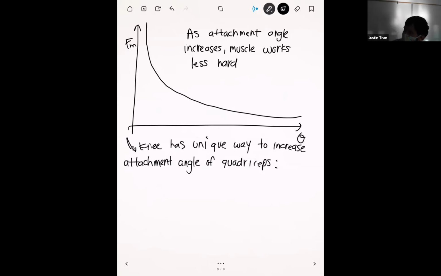And that unique feature is the patella. That little kneecap of your knee, right?